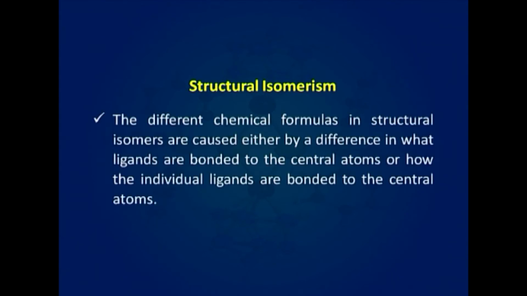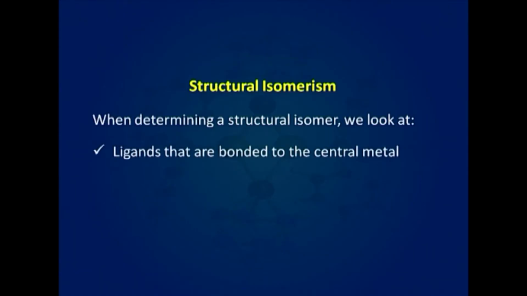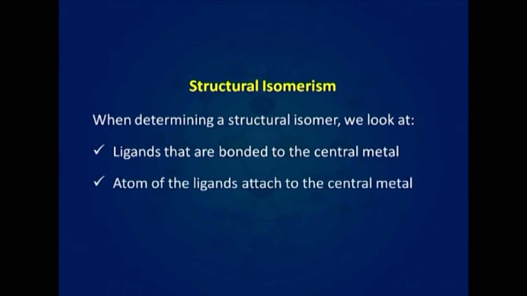The different chemical formulas in structural isomers are caused either by difference in what ligands are bonded to the central atoms or how the individual ligands are bonded to the central atoms. When determining a structural isomer, we look at ligands that are bonded to the central metal and atom of the ligands attached to the central metal.